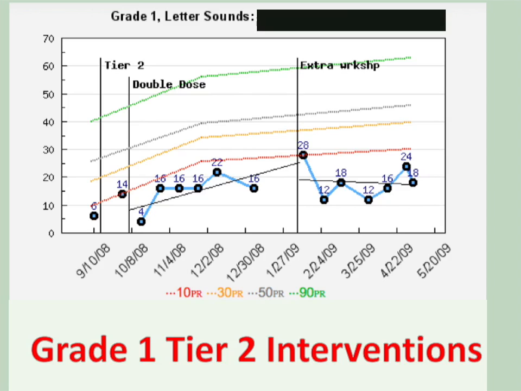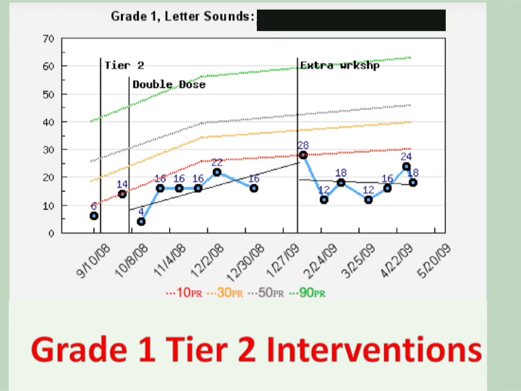And if you look here, you'll notice at the bottom are the dates of those data points, and the dates range from beginning of the school year, September, to May. And the red line is the 10th percentile. So looking at the data points, we can see that he did not achieve above the 10th percentile throughout the year, given those Tier 2 interventions. So was he making good progress here or not? So answer that for yourself.